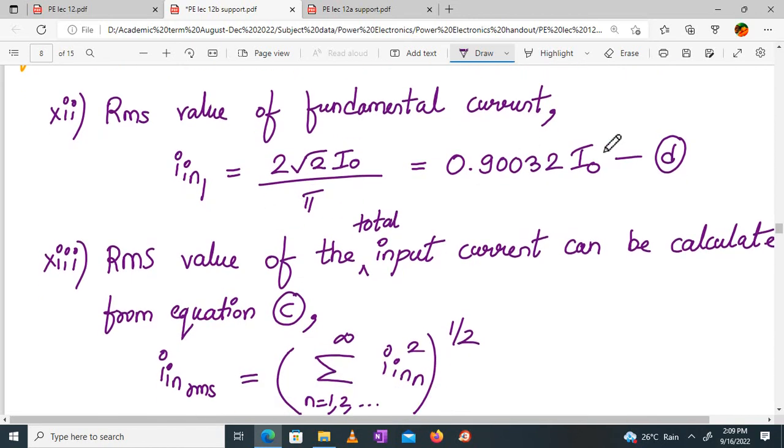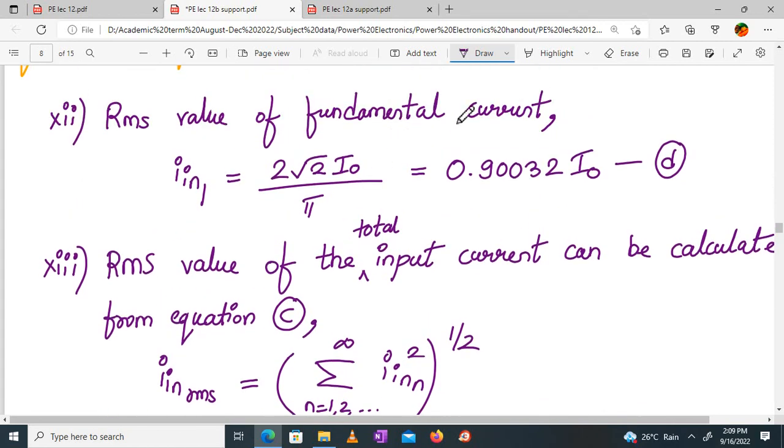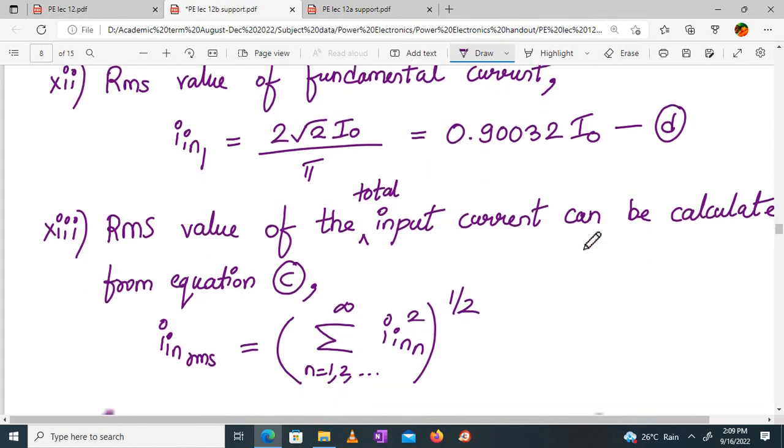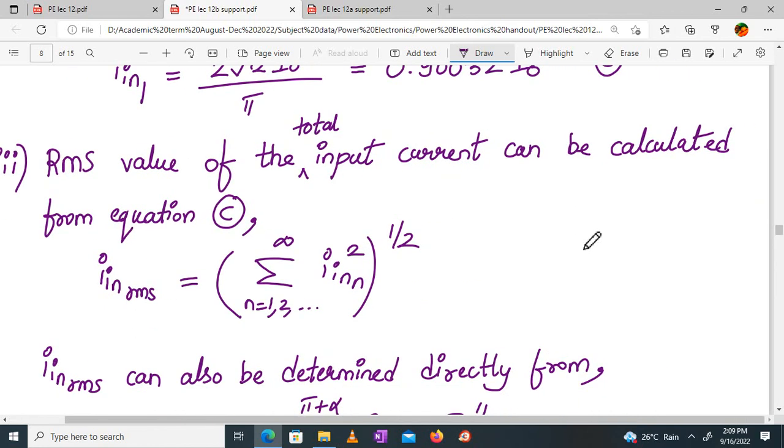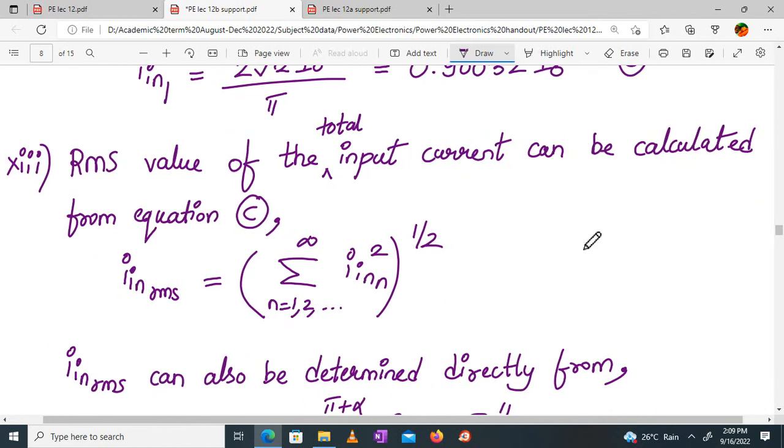Now ये RMS value of the fundamental current था, मतलब first वाला. Now RMS value of the total input current, including all the values. So it will be summation of all such RMS values, right? N equal to 1, 2, 3, 4 सारे.